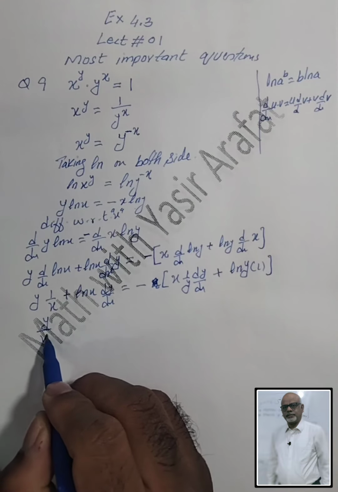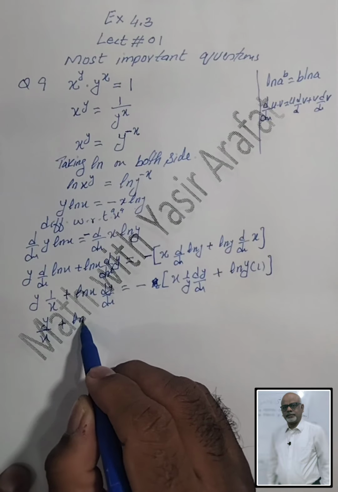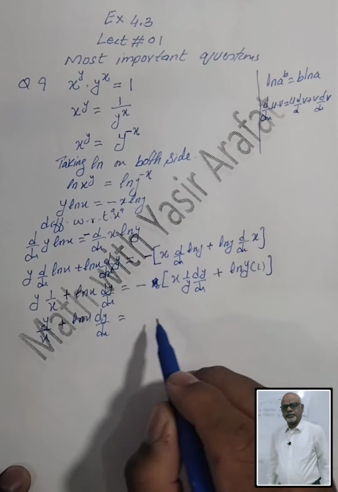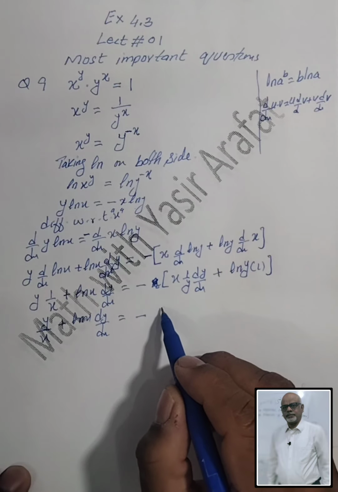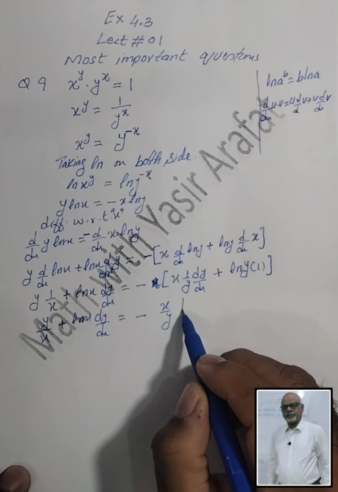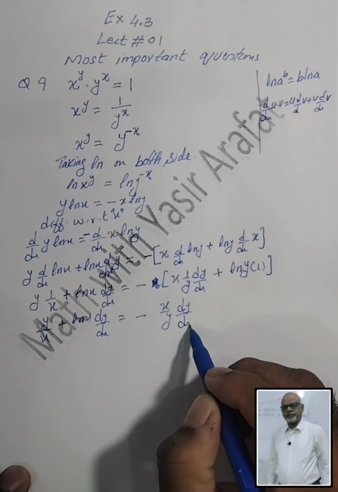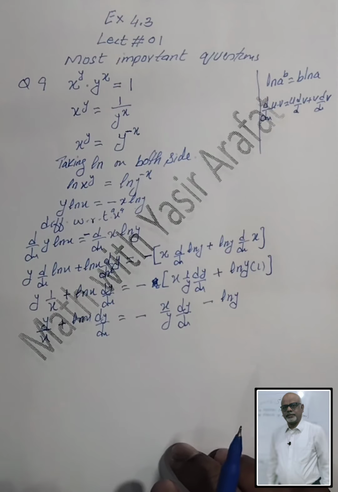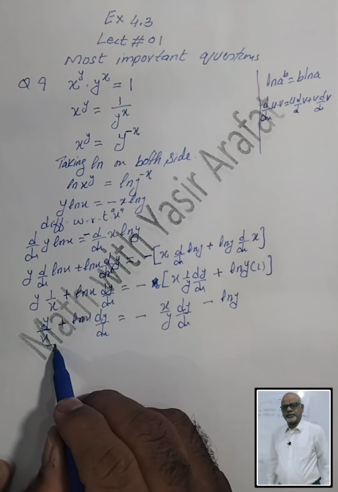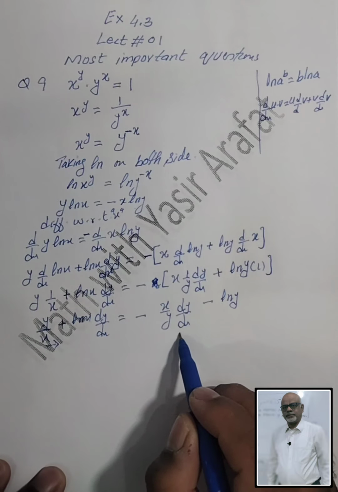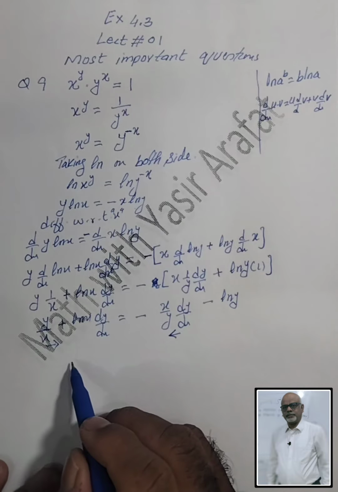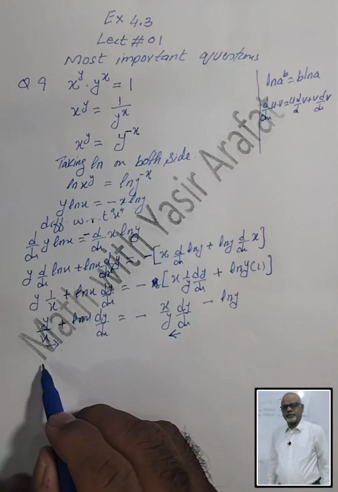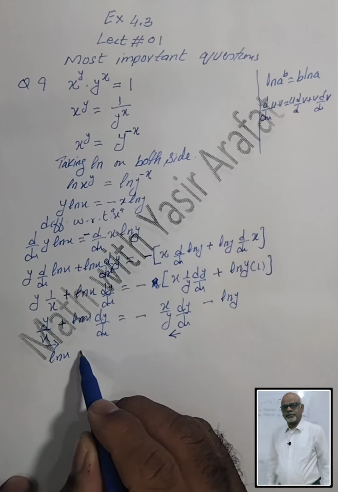So this is y over x ln x dy over dx, open the bracket with the negative sign, minus x over y dy upon dx minus ln y. The same situation here also, we have to shift this one to the right hand side and dy upon dx to the left hand side, because we have to separate dy upon dx. We have to find out the value of dy upon dx here.